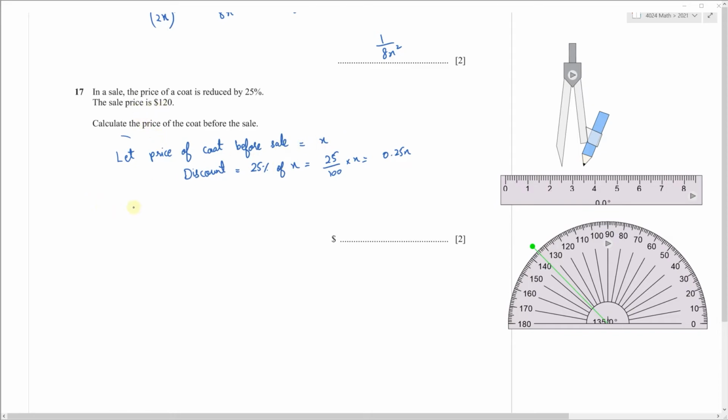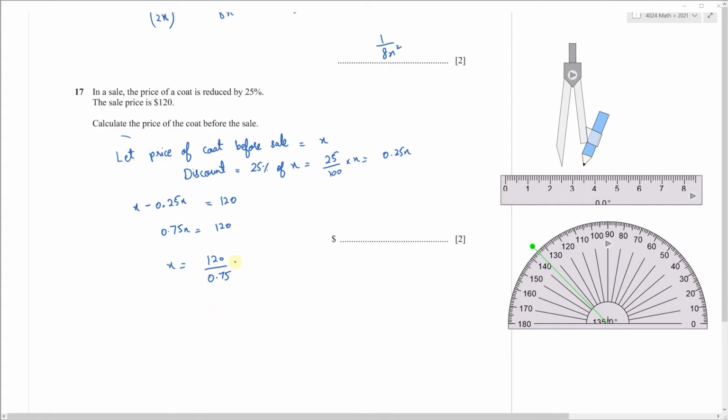So the original price X minus the discount, which is 0.25x, should give you the final sale price, which is $120. So now we can calculate the value of x. This will become 0.75x equals to 120. X will be equal to 120 divided by 0.75.